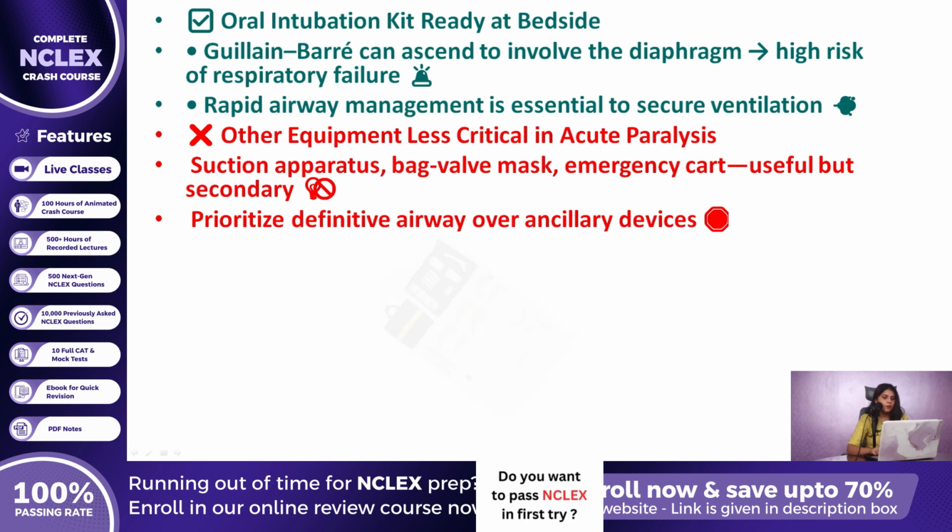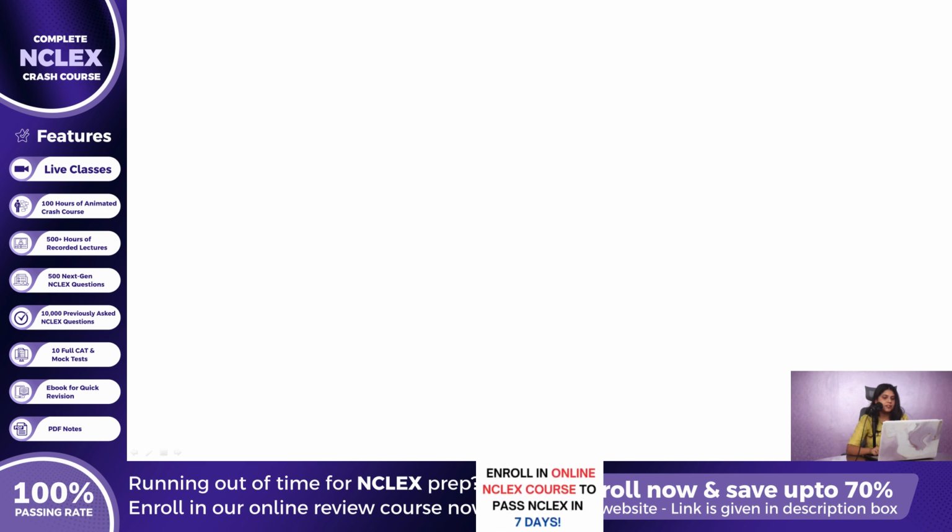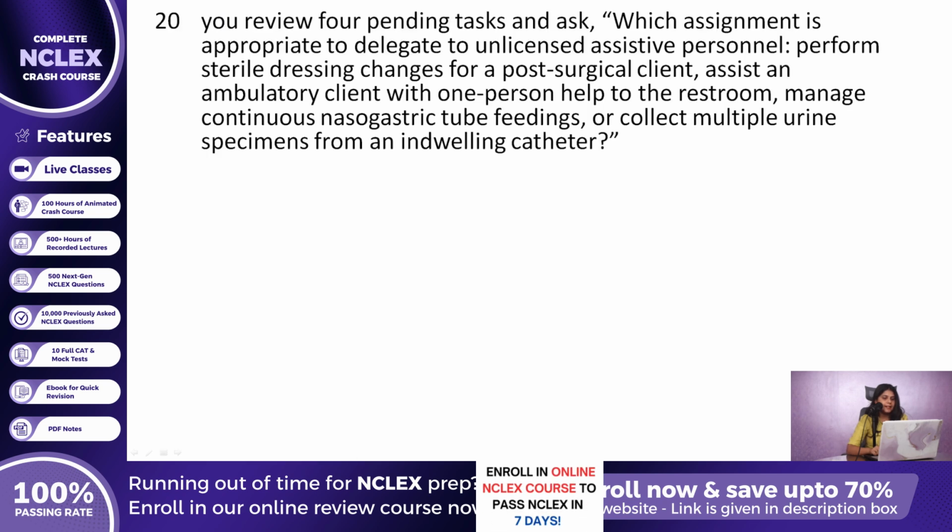Question 20. Moving on to delegation decisions on the medical unit, you review 4 pending tasks and ask which assignment is appropriate to delegate to unlicensed assistive personnel. Perform sterile dressing changes for a post-surgical client, assist an ambulatory client with one-person help to the restroom, manage continuous nasogastric tube feedings, or collect multiple urine specimens from an indwelling catheter.